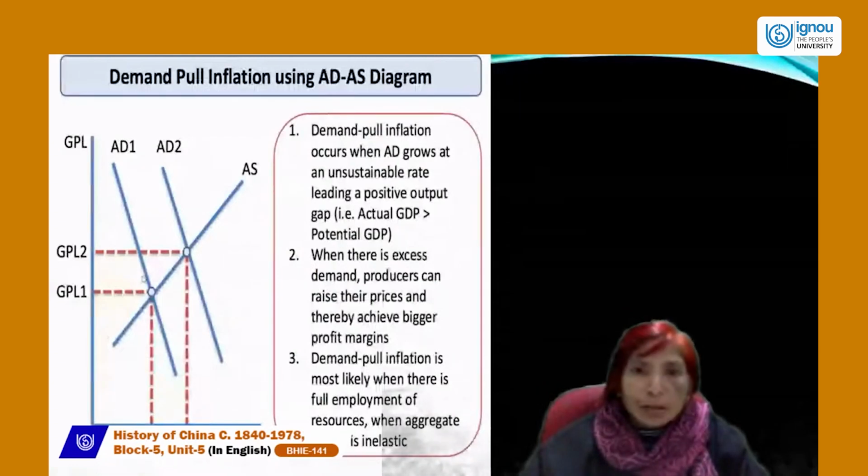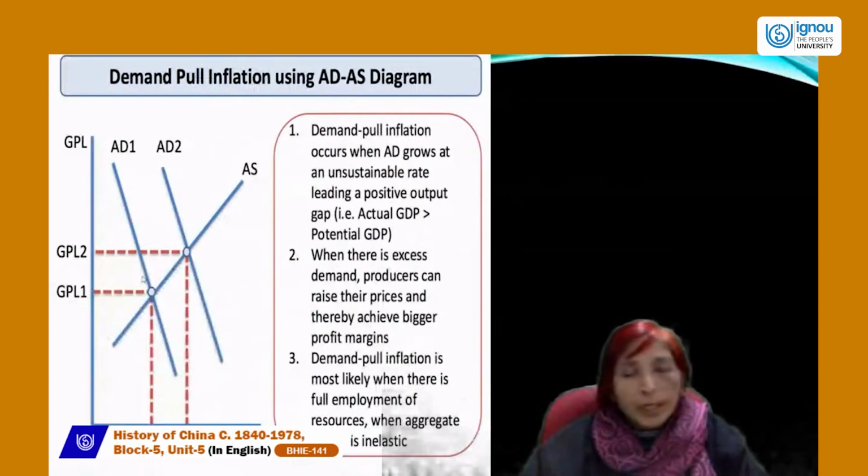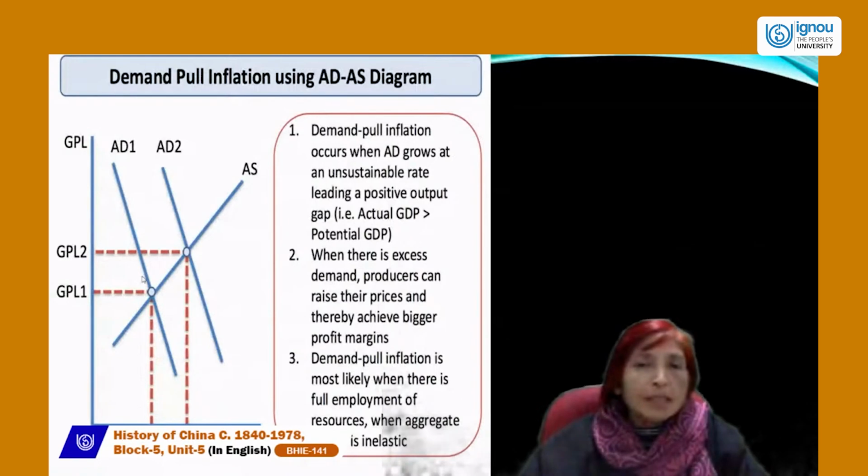So we will change only aggregate demand, not aggregate supply, because we assume that supply remains constant. When only demand increases and supply can't increase due to increase in demand, in that case, only price will rise. So when demand increases, the demand curve will shift to the right hand side, and AD1 shifts to AD2.